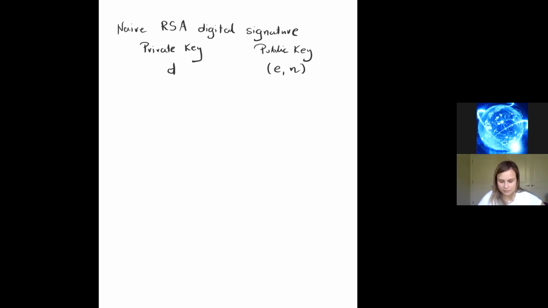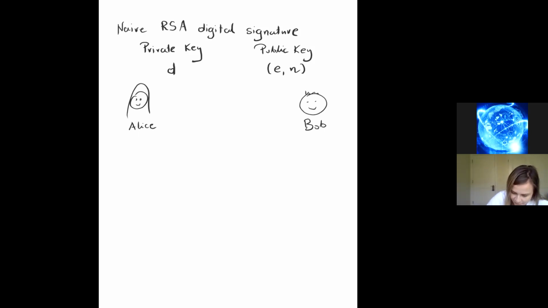So Alice sends a message to Bob, and Alice wants to sign her message.